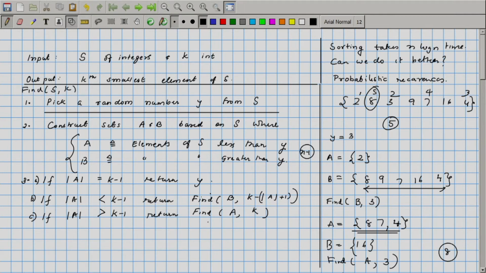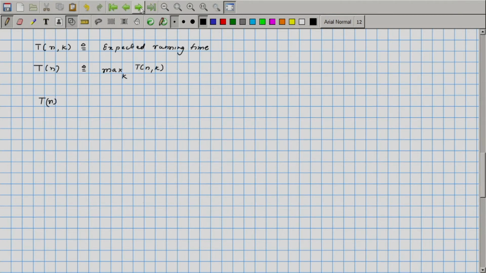So, with probability 1 by n, we could just require one comparison, and each of these other choices could happen based on the number that we have picked. So, let us look at these sets A and B in their sizes. Based on the split, we could have the size of A as 0 and B as, let us say, n minus 1.